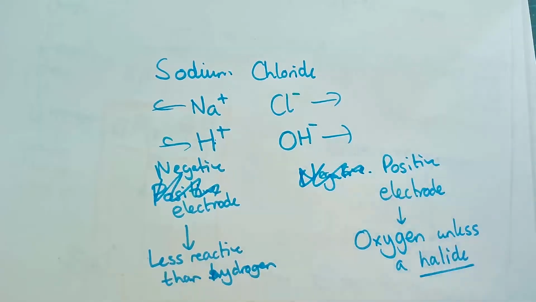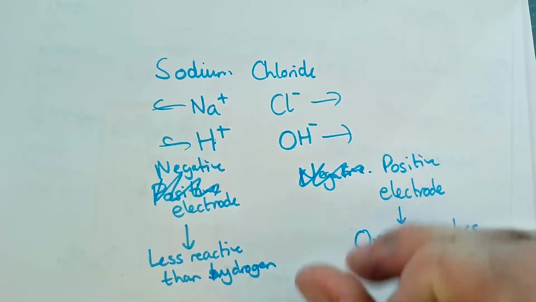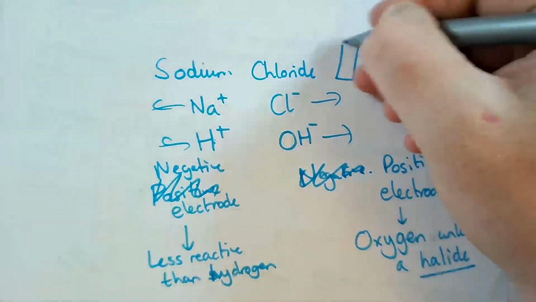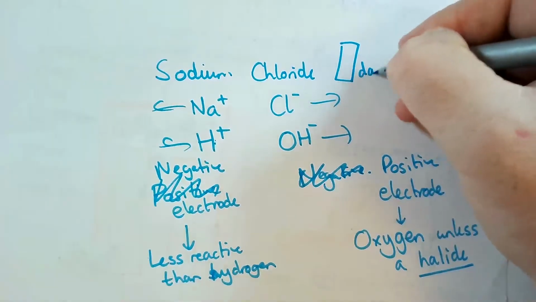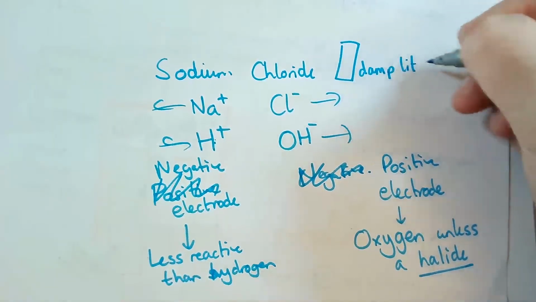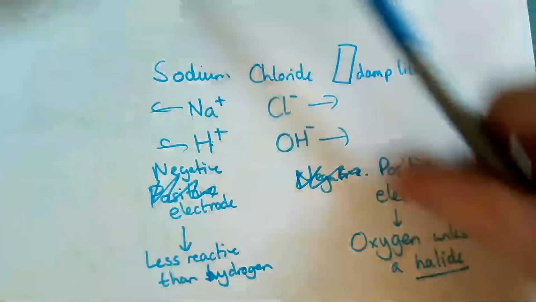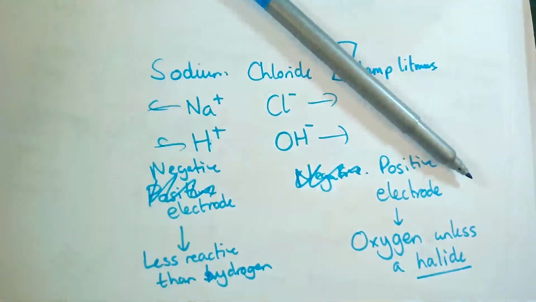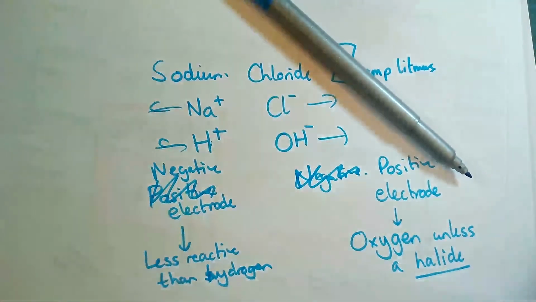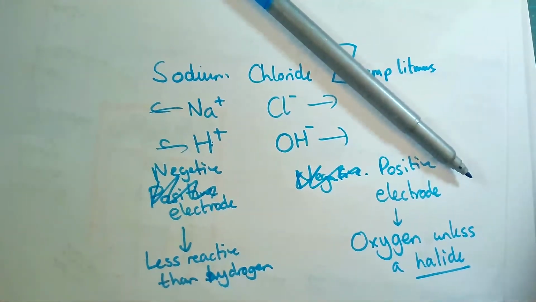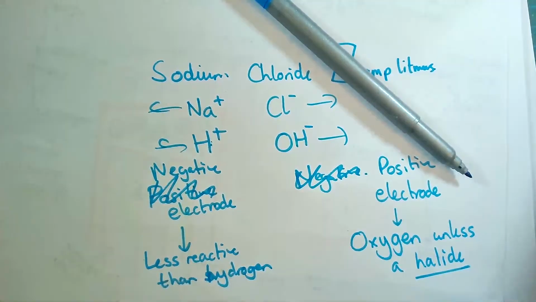Even though it's in paper 2, they sometimes ask how you would test for that. You get damp litmus, and that will get bleached. It will initially turn acidic and go red, and then it will be bleached white.